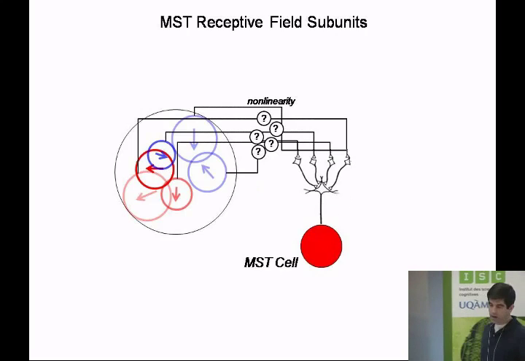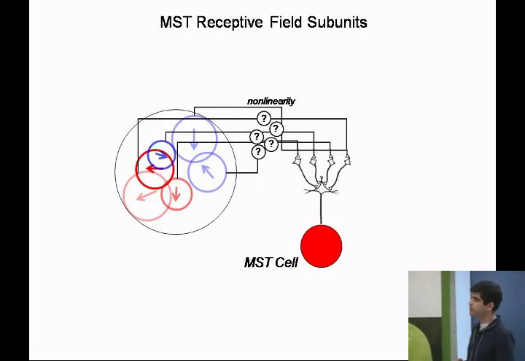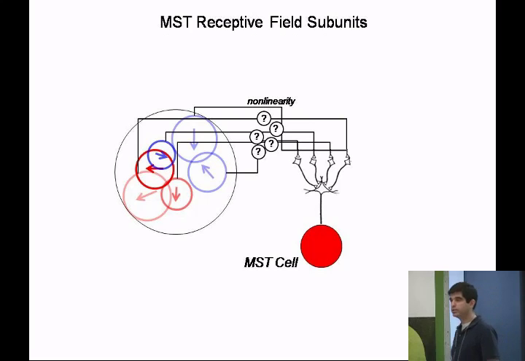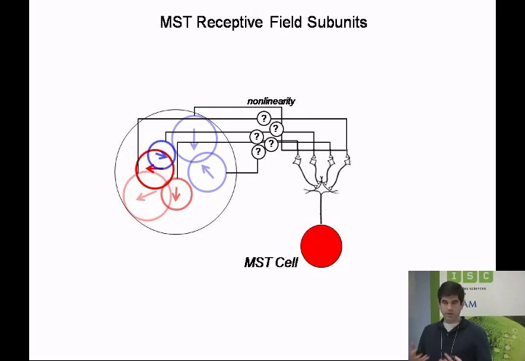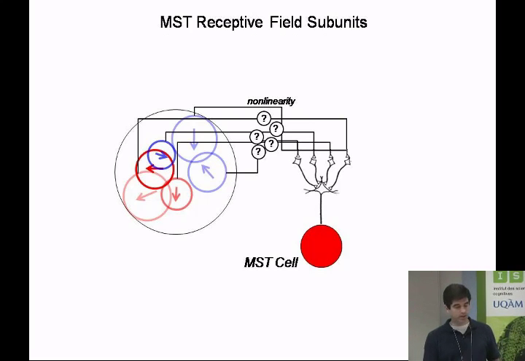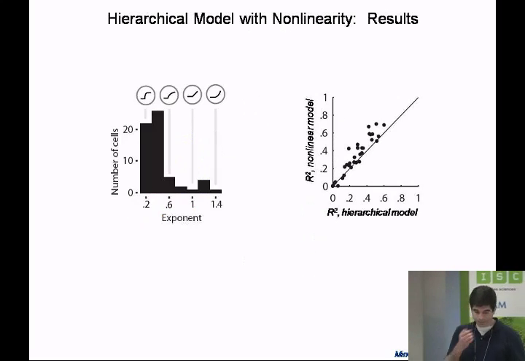So now our MST model is essentially a Hubel-Wiesel model in which each subunit feeds into an integrator, which produces the output of the cell. And each subunit is allowed to have a nonlinearity associated with it. It could also be linear, but with the one parameter, you can choose also compressive and expansive nonlinearities.